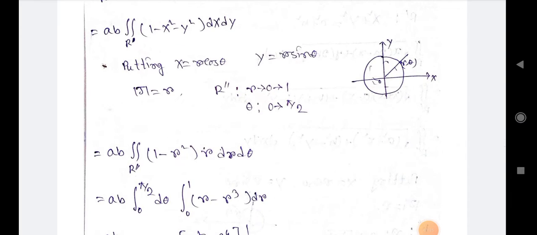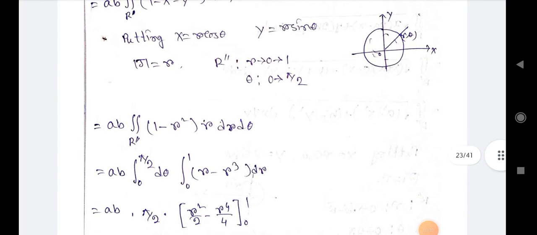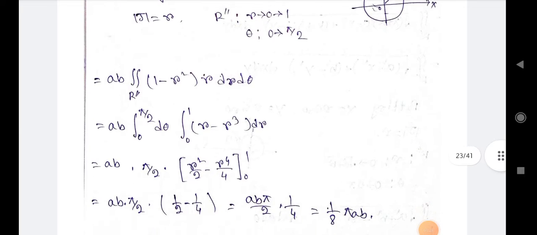Then putting x equals r cos theta and y equals r sin theta, the Jacobian equals r. Then the region: r tends to 0 to 1 and theta is 0 to pi by 2.